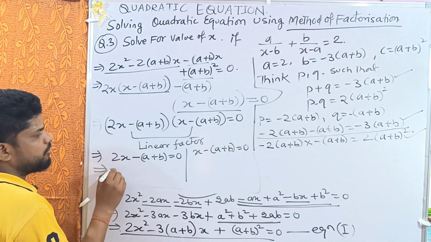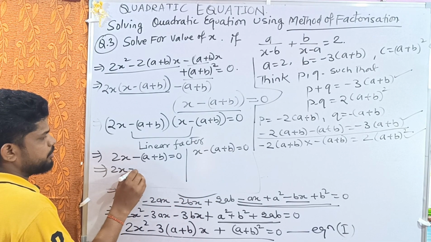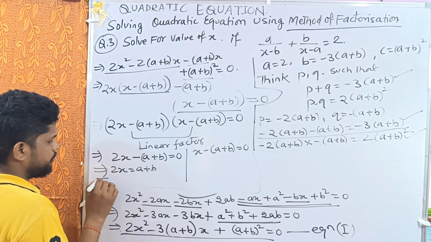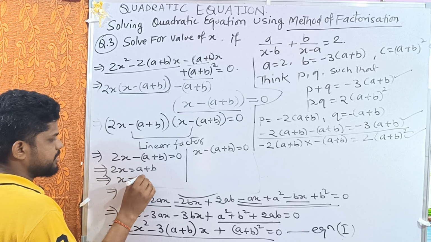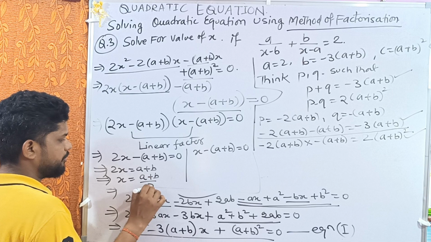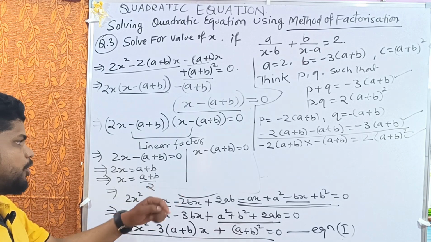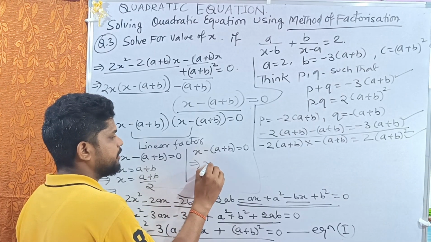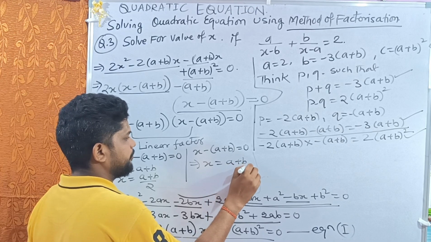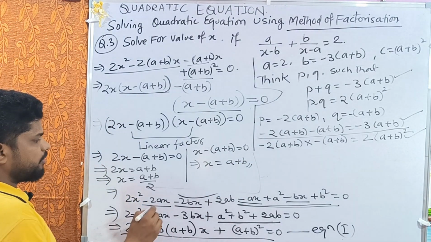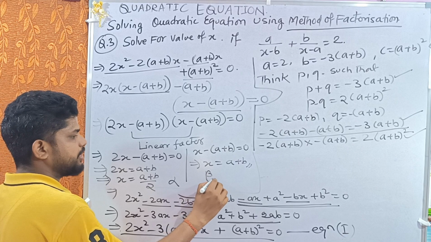This gives 2x equals a plus b, which implies that x is (a plus b) divided by 2, and the other value of x is a plus b. So this is the value of alpha and this is the value of beta.